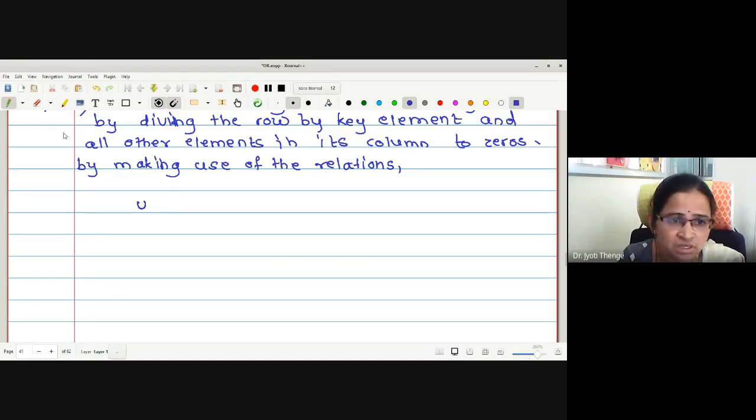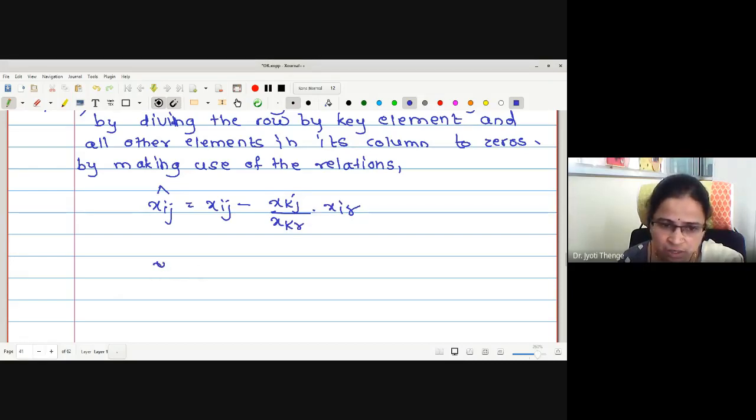So here I will write the new elements. We will denote them by a cap symbol. Xij cap is equal to Xij minus xkj upon xkr into xir.